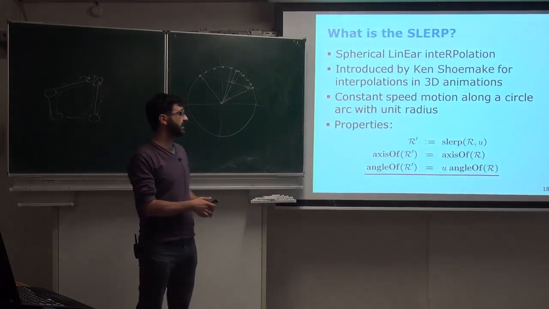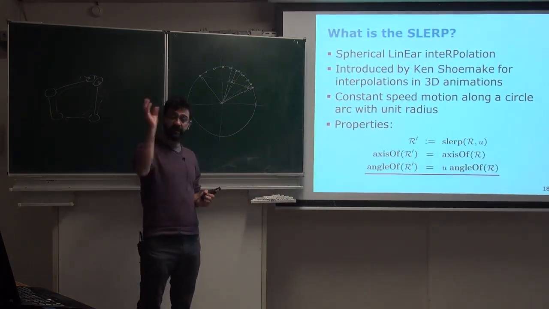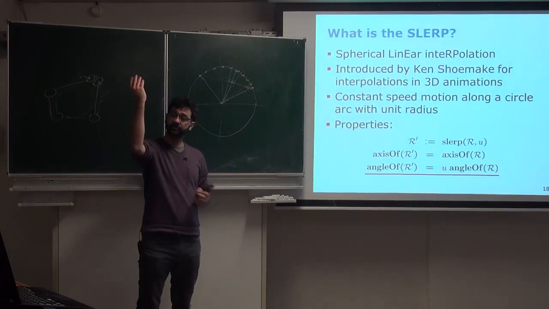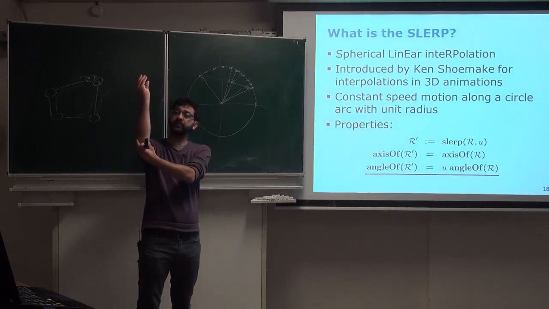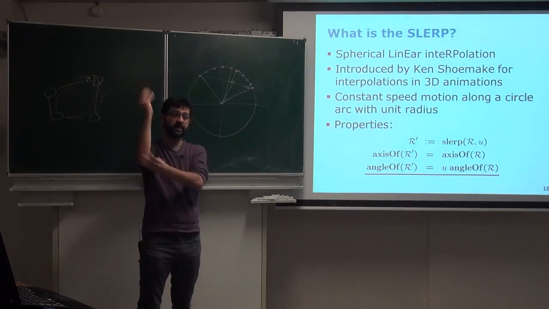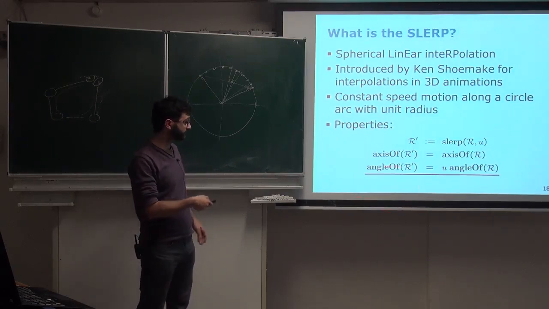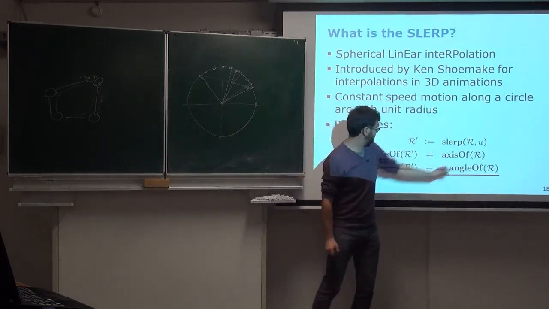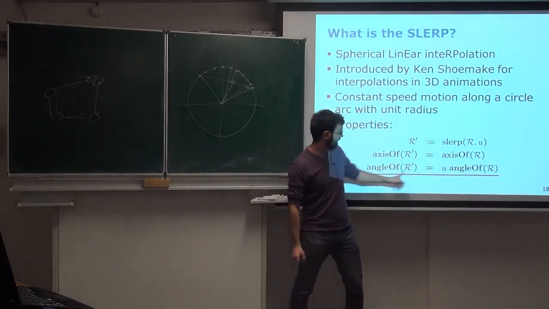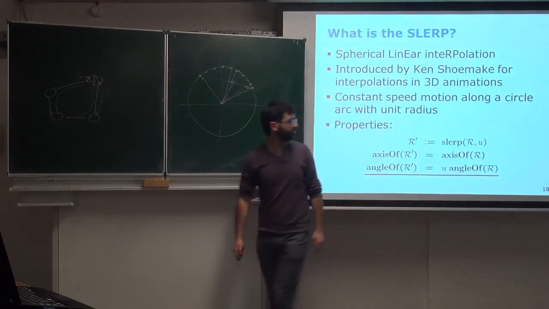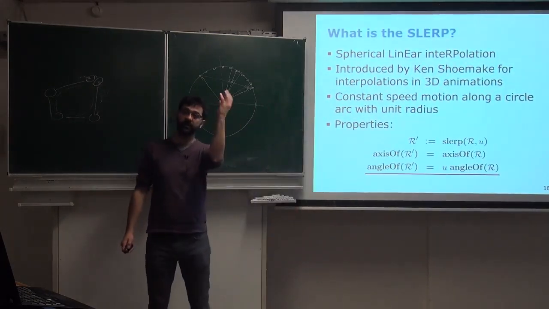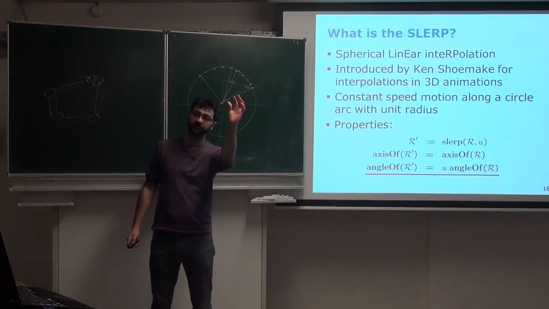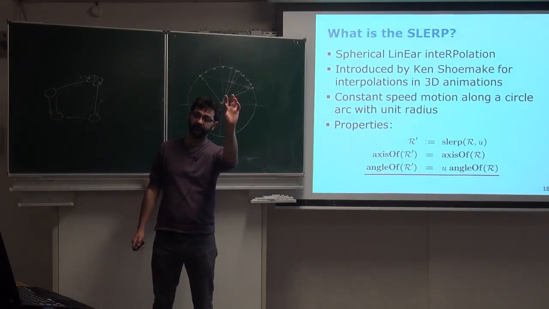And you can imagine it as axis-angle: you find the axis of this rotation, and you just do a linear interpolation on the angle, okay? So that's how you can imagine this thing. The axis is this, and the angle will be u times the angle of that. So you define the angle, and you just rotate linearly around that.